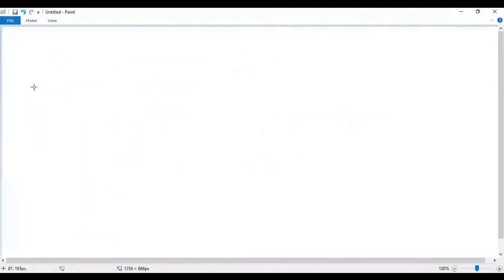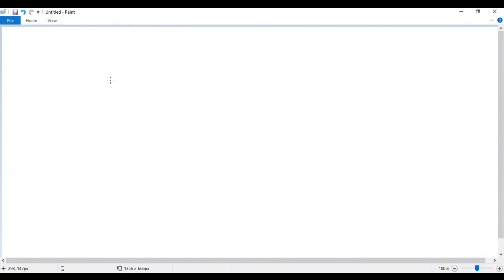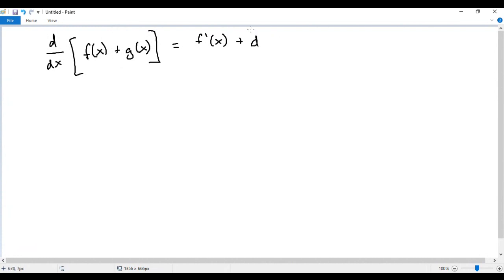So there are some other rules we can use though. The sum and difference rules basically say if we have two functions, f of x plus g of x, then that's just the derivative of the first plus the derivative of the second, g prime of x.